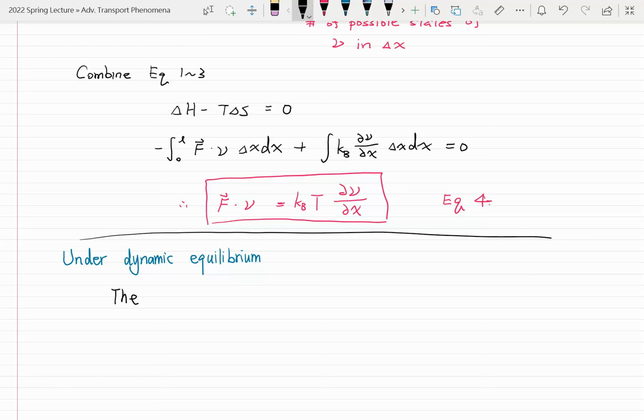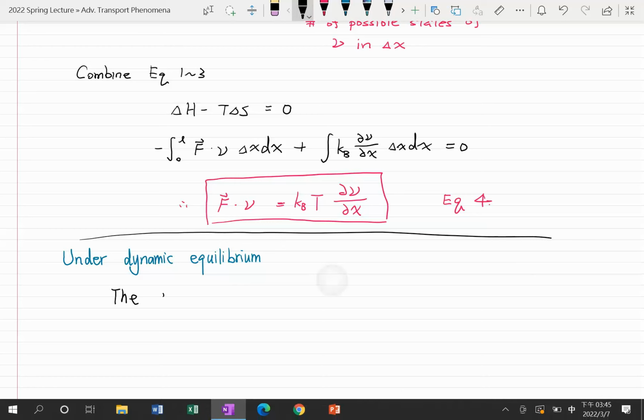So putting it into a better context, under dynamic equilibrium, the collective motion or displacement of the particles should be 0, or the net displacement should be 0. So that means that the movement of particles exerted by the force F plus the diffusion process together should equal 0.